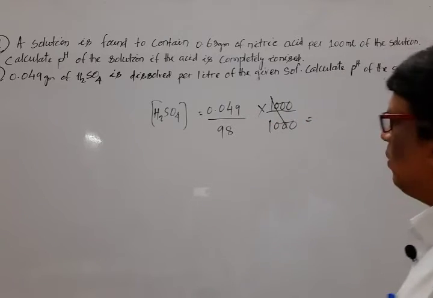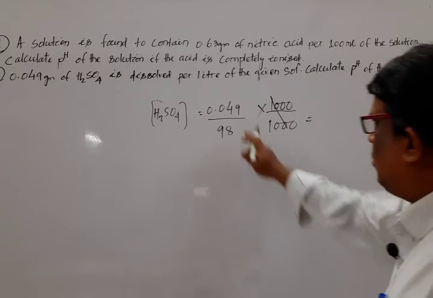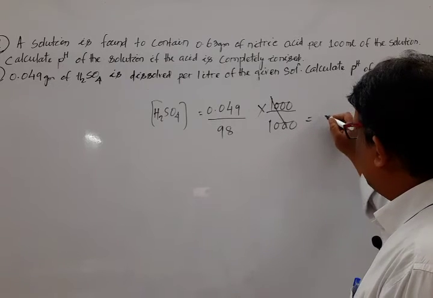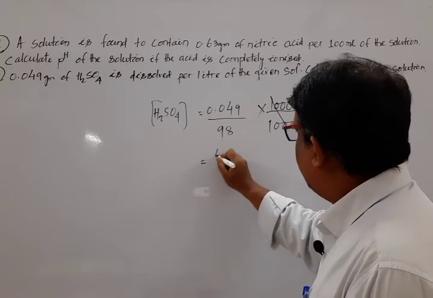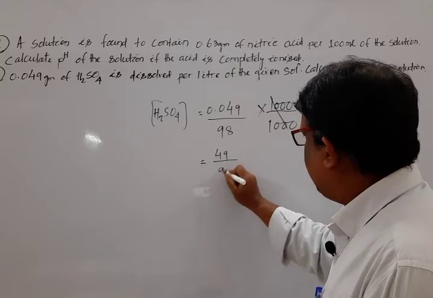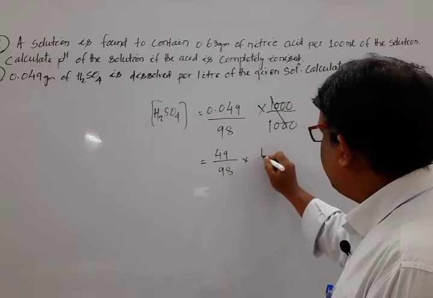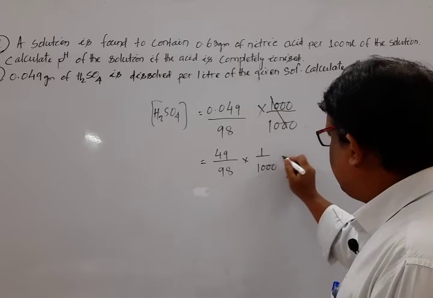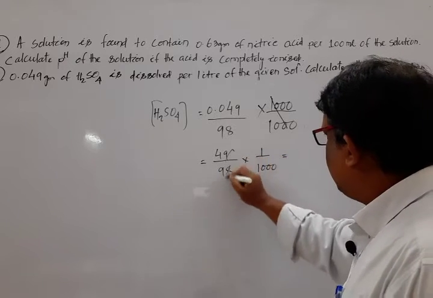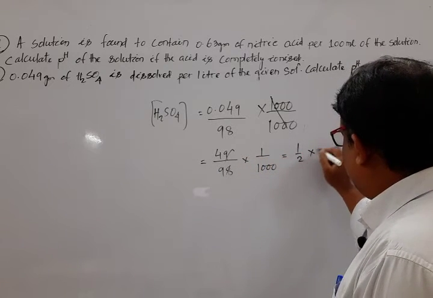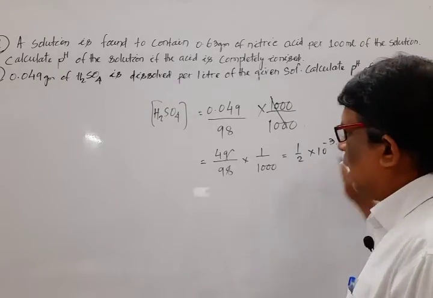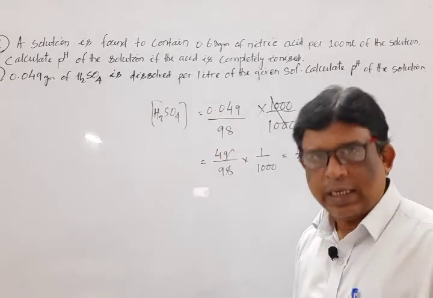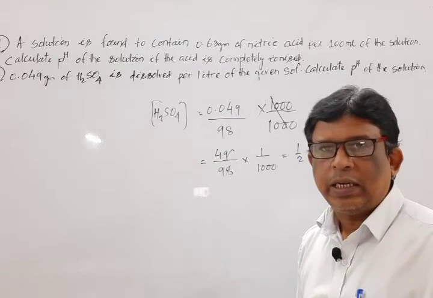It is equal to 49 by 98 into 1 by 1000, which is equal to 1 by 2 into 10 to the power minus 3.